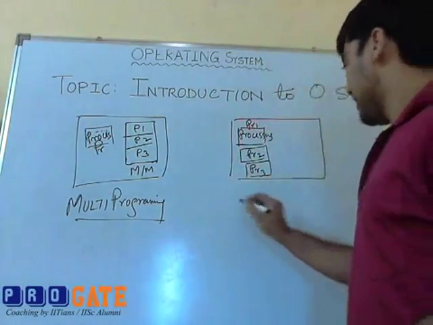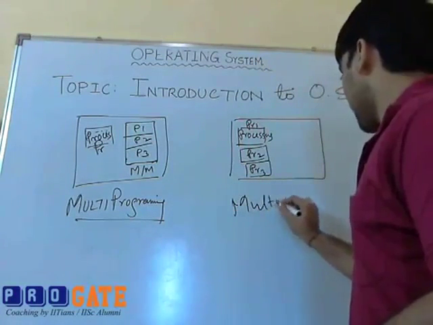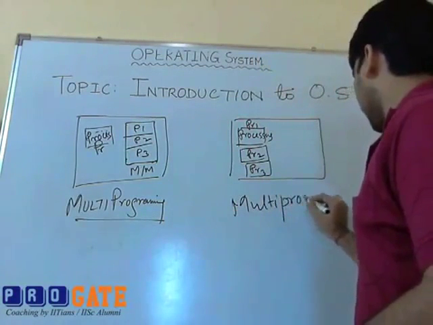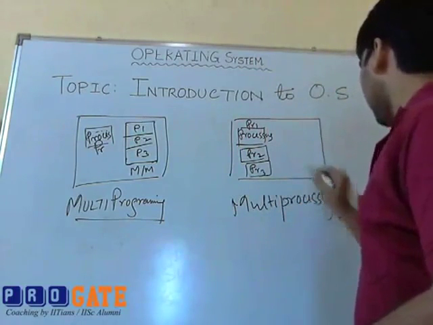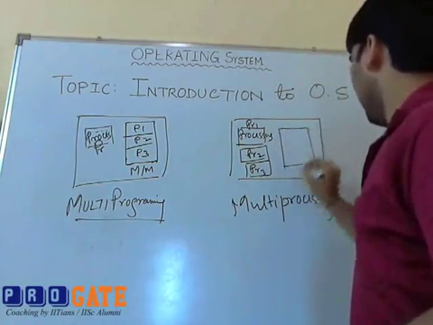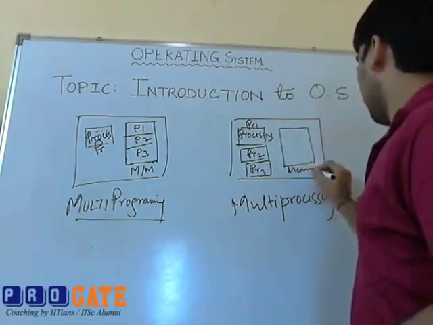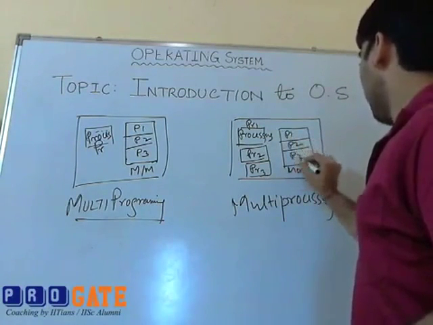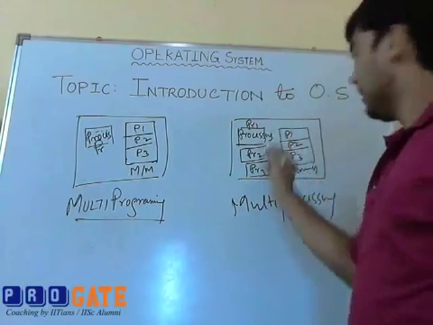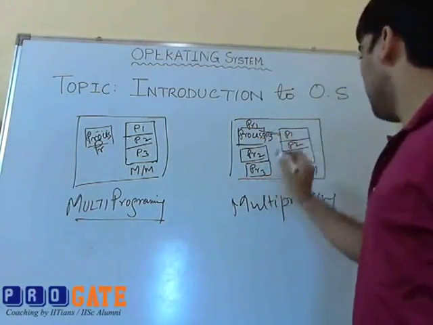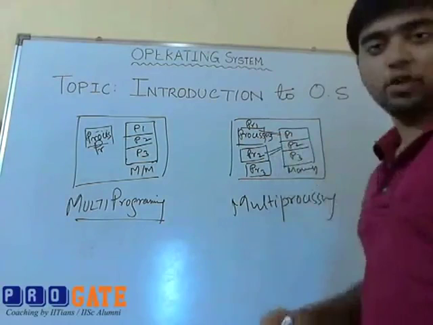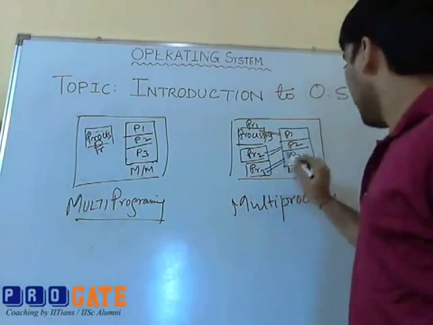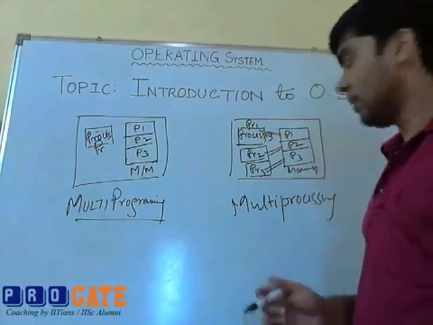So the difference is this is multi-processing. This is the memory, and if it has three processes P1, P2, P3, it might happen that processor 1 is executing P1, processor 2 is executing P2, processor 3 is executing P3.